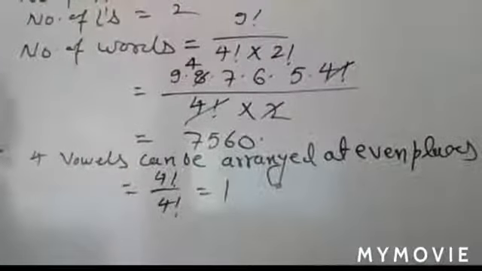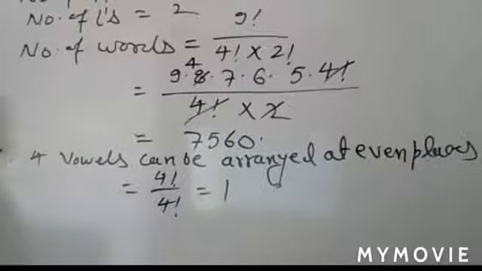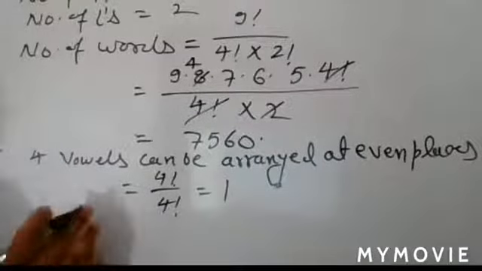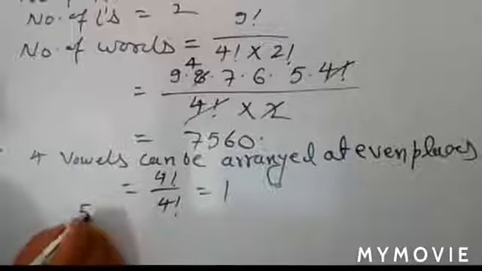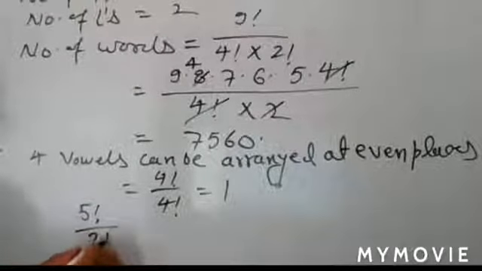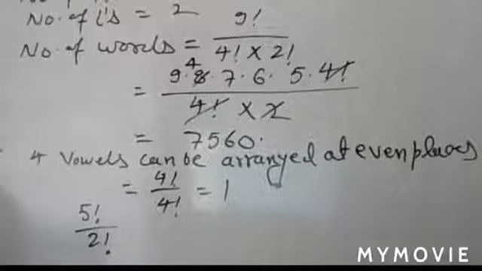Hence the remaining 5 letters contain 2 L's. Hence the number of arrangements is equal to factorial 5 upon factorial 2.